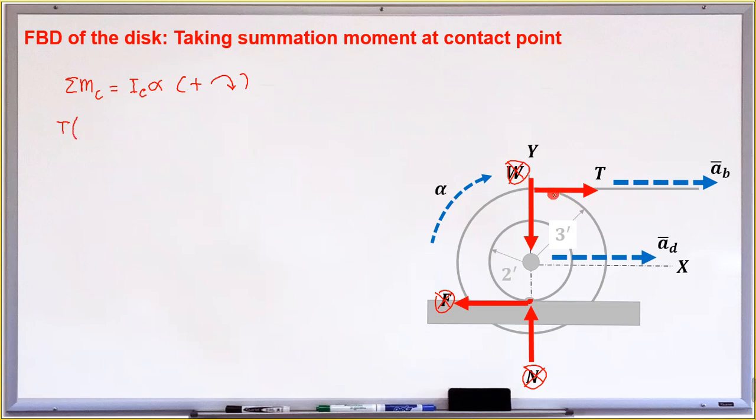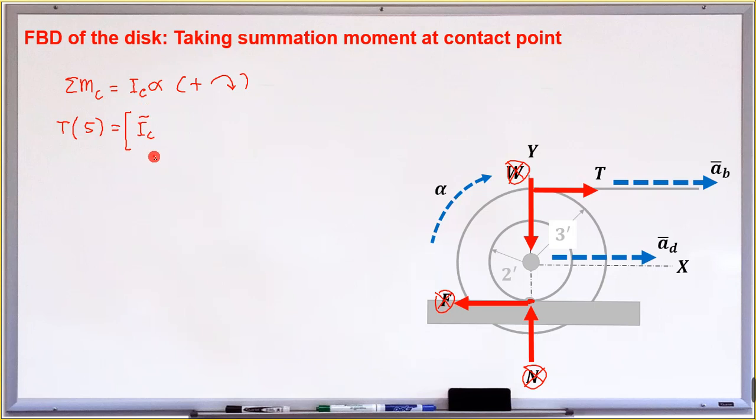So T times the distance between the tensile force T and the contact point, that is equal to 3 plus 2, the sum of the two radii, 3 plus 2, that is 5. So 5, and that is equal to the mass moment of inertia of our rolling disc at the contact point, which is equal to the sum of its centroidal axis.